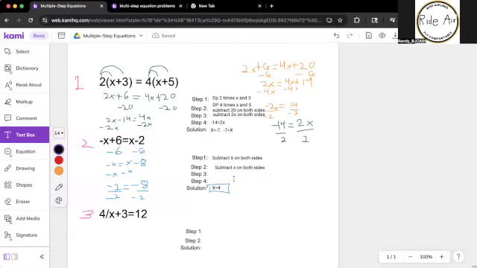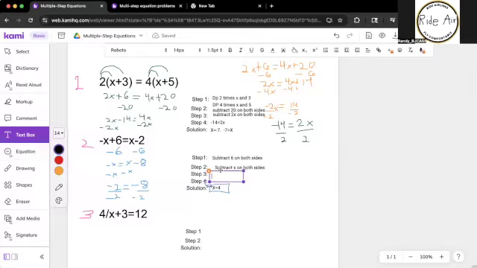My third step is to divide negative 2 on both sides.